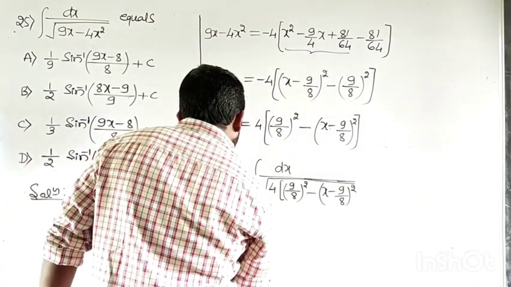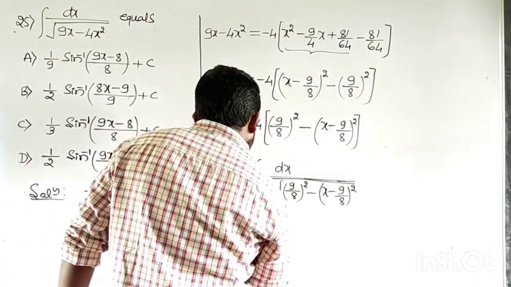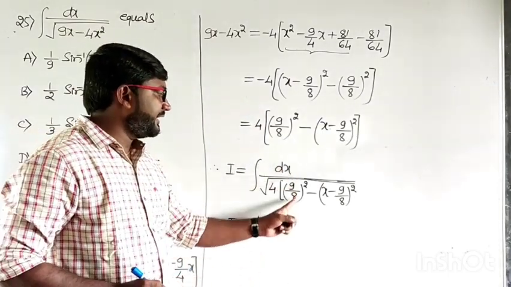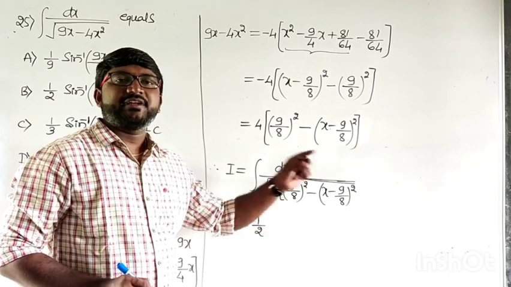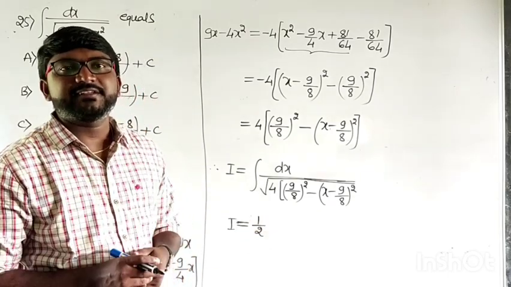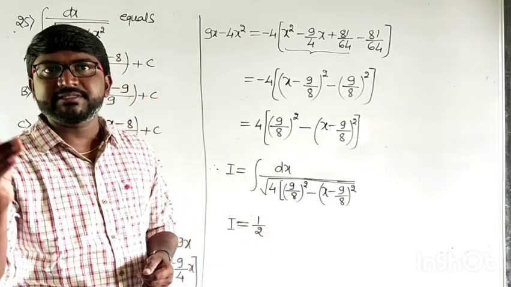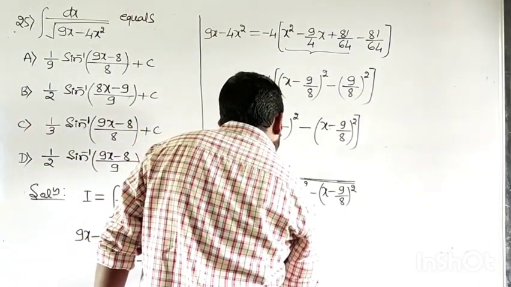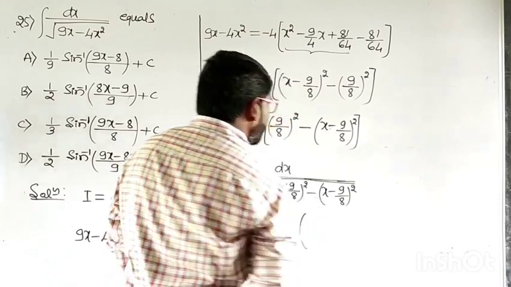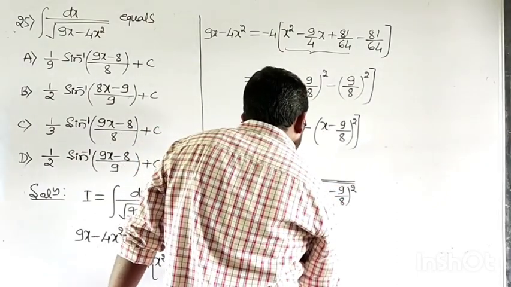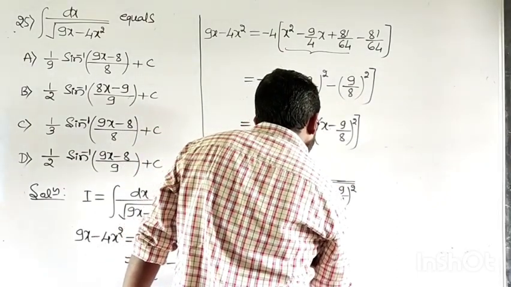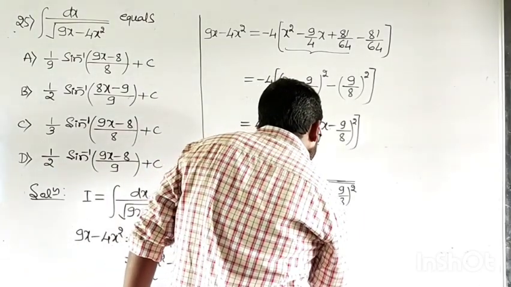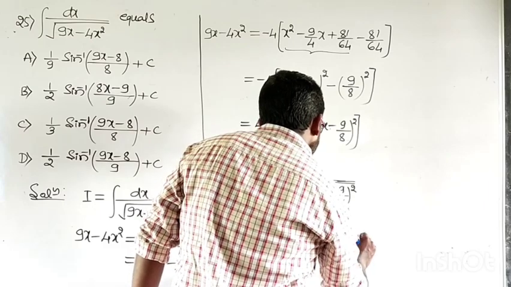So I is equal to 1 by 2. Then this is in the form of integration dx by a square minus x square. What is the integral of dx by a square minus x square? It is sin inverse x by a plus c. So let us apply the formula now: sin inverse x by a. x is nothing but x minus 9 by 8, divided by a, which is 9 by 8, plus c.